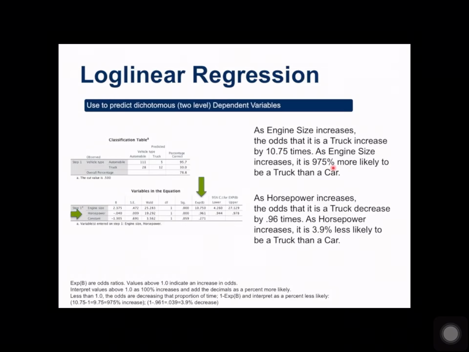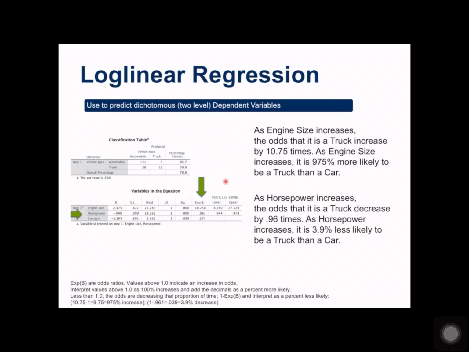Another special case is logistic regression or log linear regression. This is the case where we want to actually predict a dichotomous variable as a dependent measure. This can be super helpful when we have a model. In this example here, we're trying to predict whether or not a vehicle is an automobile like a car or a bigger vehicle like a truck based on horsepower and engine size.